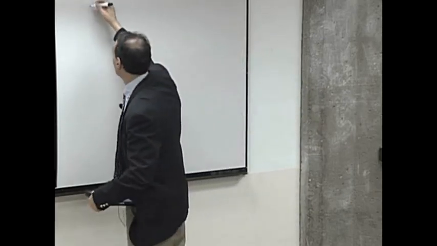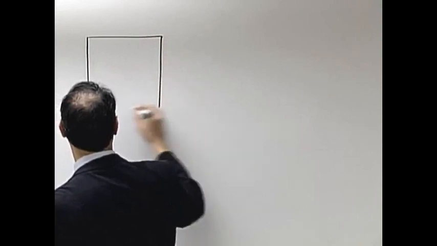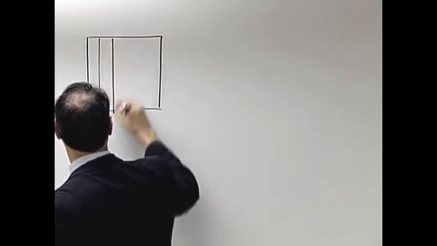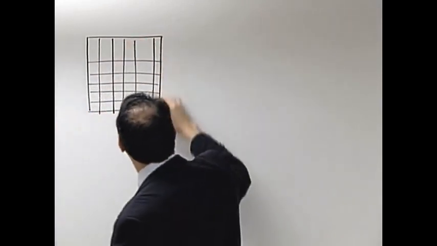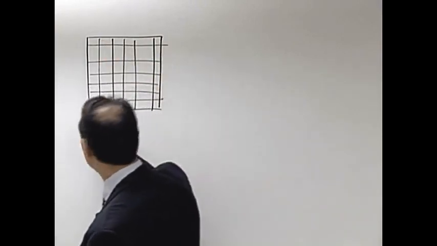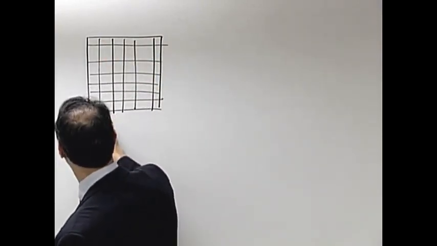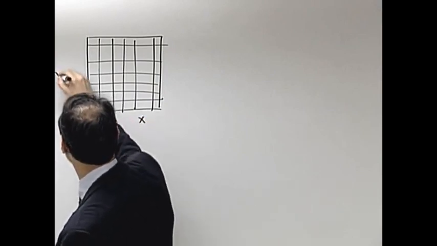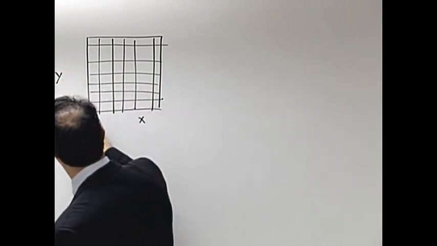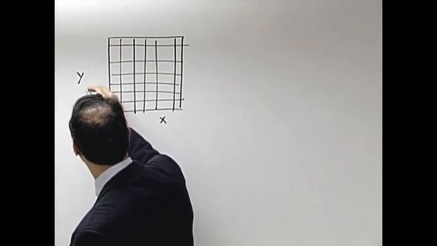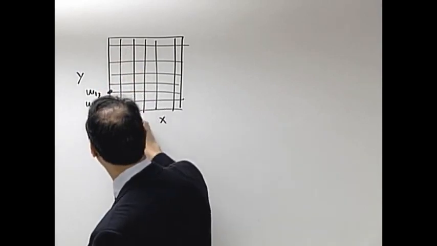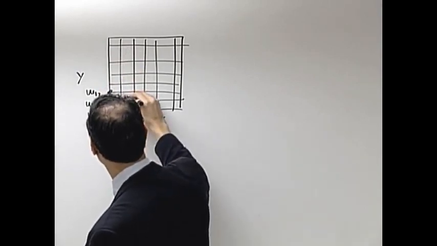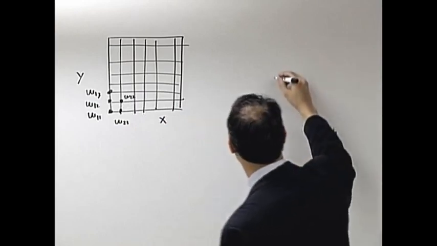Okay, so first of all, let me draw my grid. So here I have, how did I count before? These are x and y. And this was omega 1,1, omega 1,2, omega 1,3. And then this was omega 2,1, omega 2,2. And remember how I stacked information.